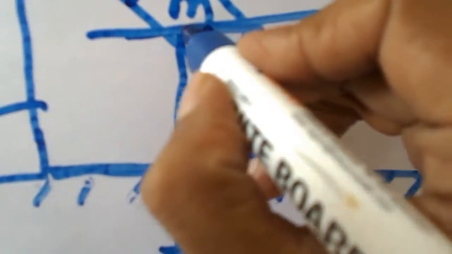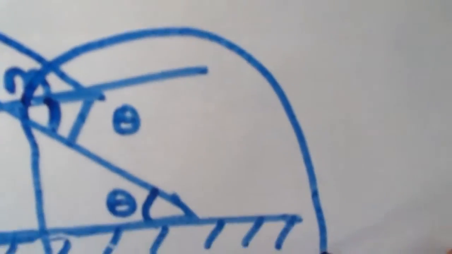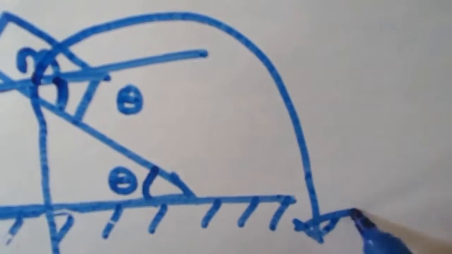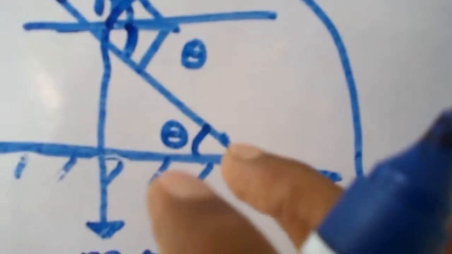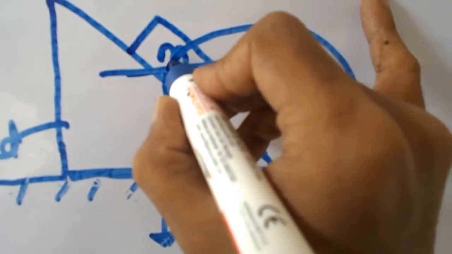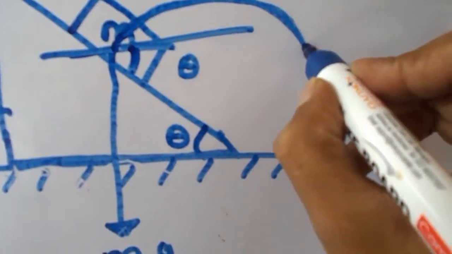Now this block is not moving in this manner. This is not the path of motion. In a correct mathematical way we should say this is not the locus of this particle.